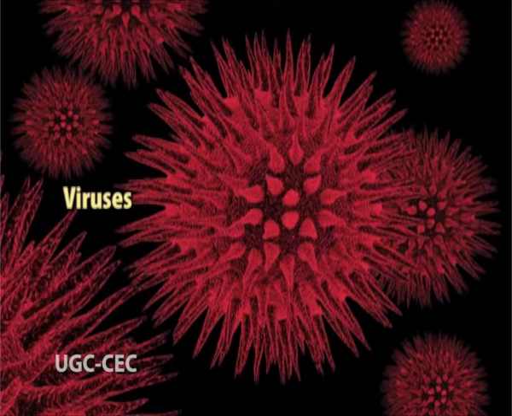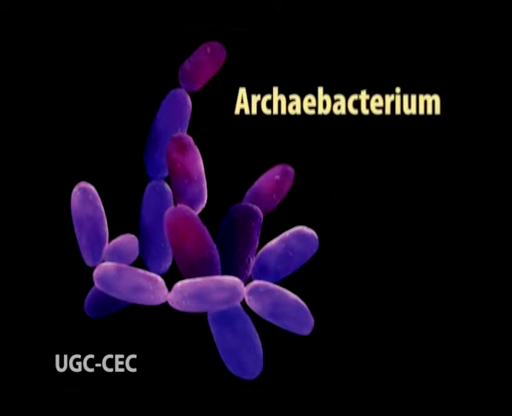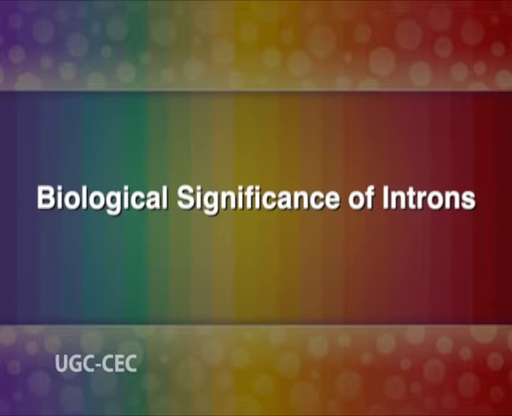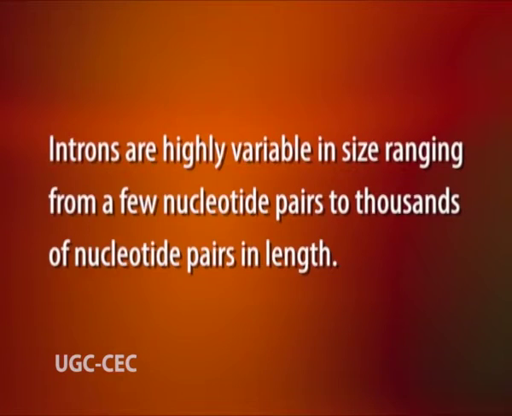Rare genes of a few viruses, of prokaryotes and of an archaebacterium also contain introns. Now, the biological significance of introns. Introns are highly variable in size, ranging from a few nucleotide pairs to thousands of nucleotide pairs in length.